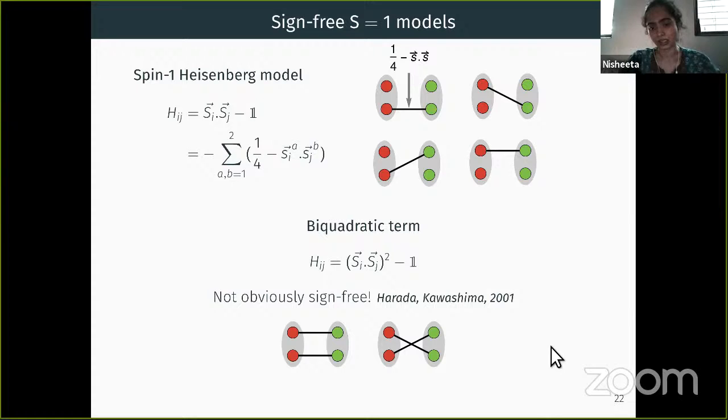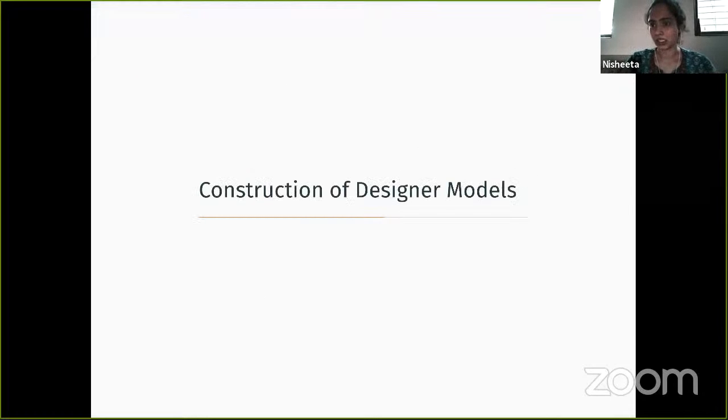So in the language of the spin halves, it's much easier to tell that a model is sign problem free than in the language of the actual spin ones. So we use this idea to construct our designer spin models.